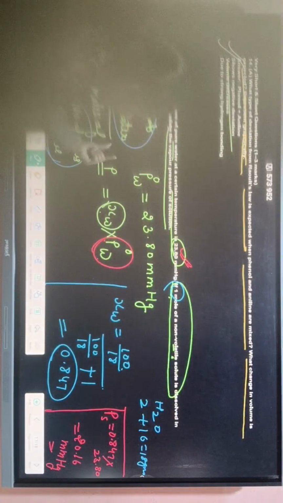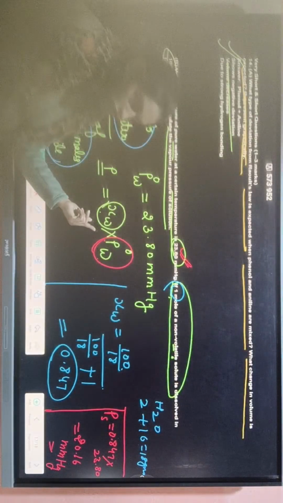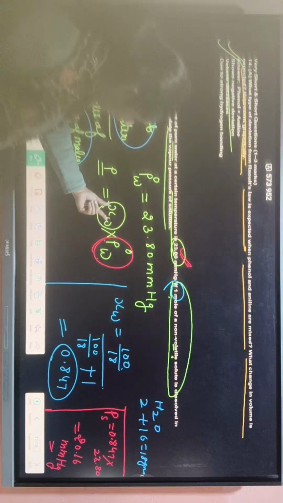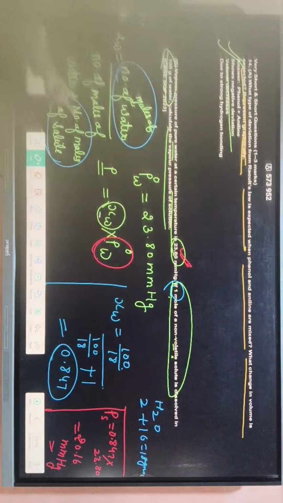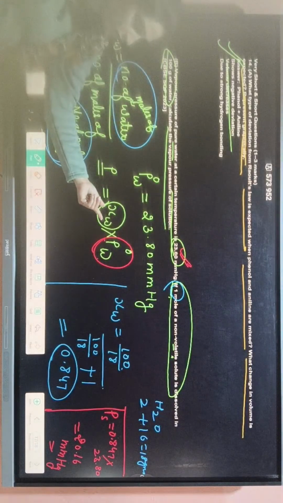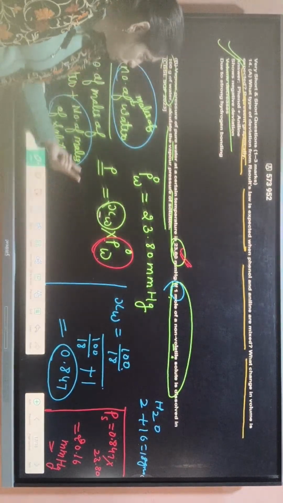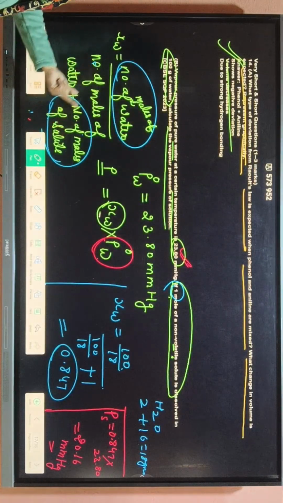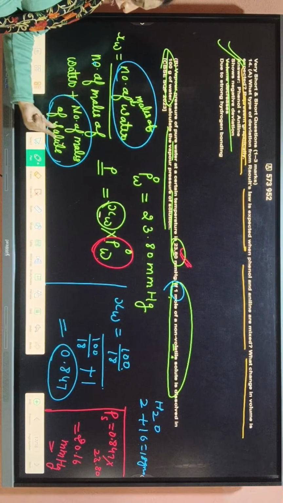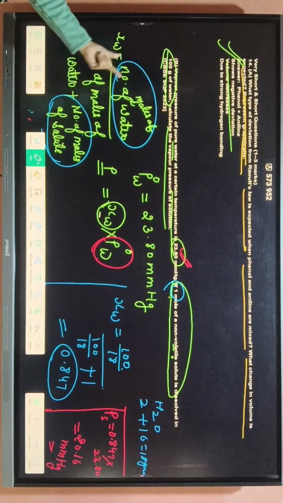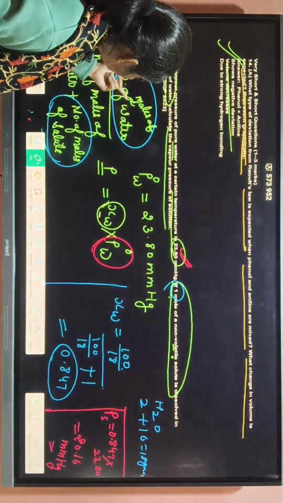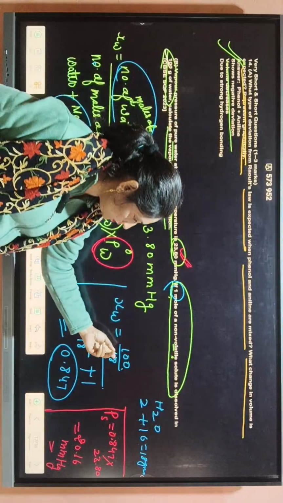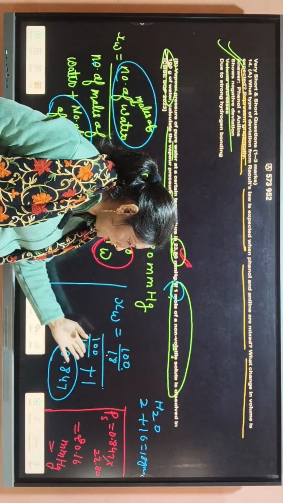Mole fraction of water is number of moles of water divided by number of moles of water plus number of moles of solute: 100 by 18, divided by 100 by 18 plus 1.